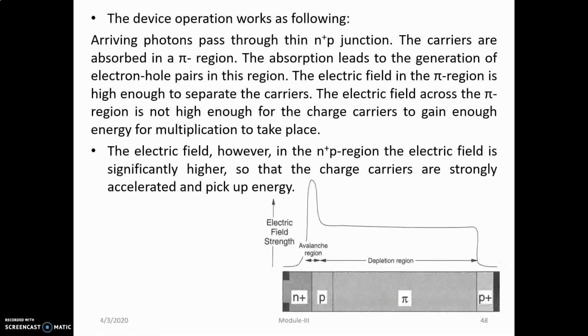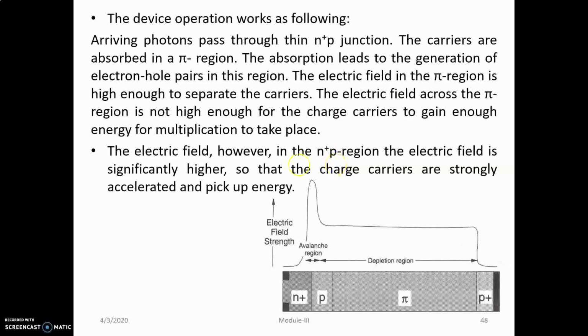The absorption leads to the generation of electron hole pairs in this pi region. The electric field in the pi region is high enough that the electron hole pairs are separated. The electric field across the pi region is not high enough for the charge carriers to gain enough energy for multiplication to take place.